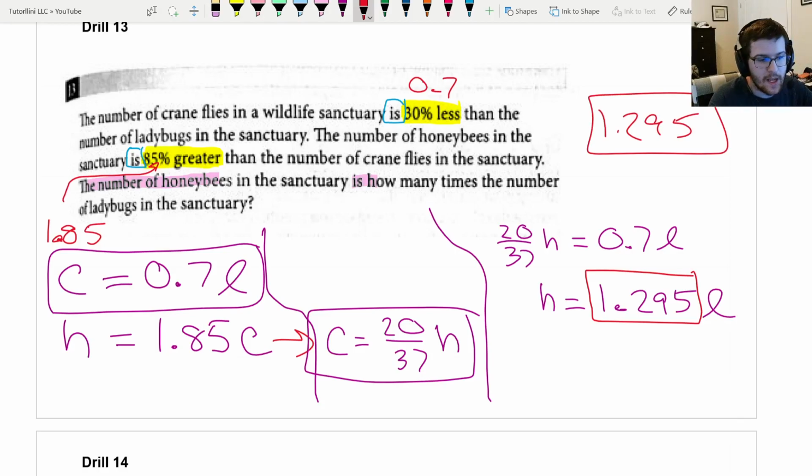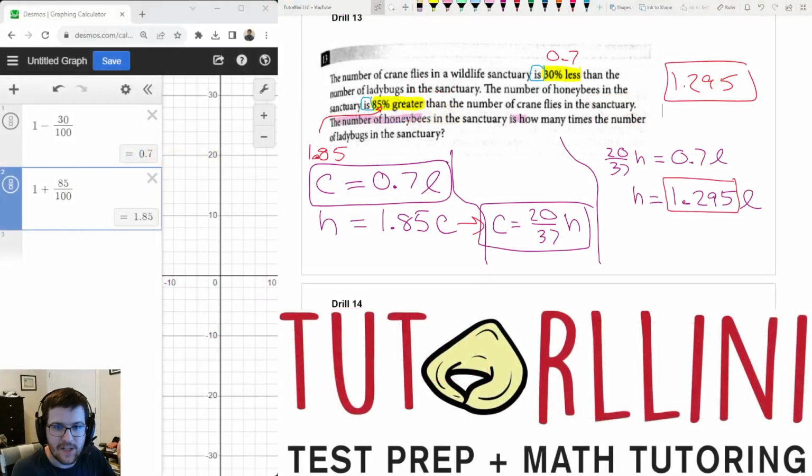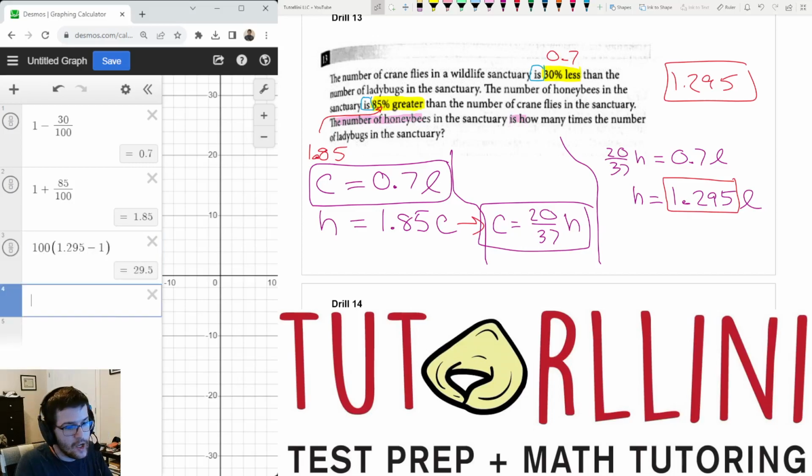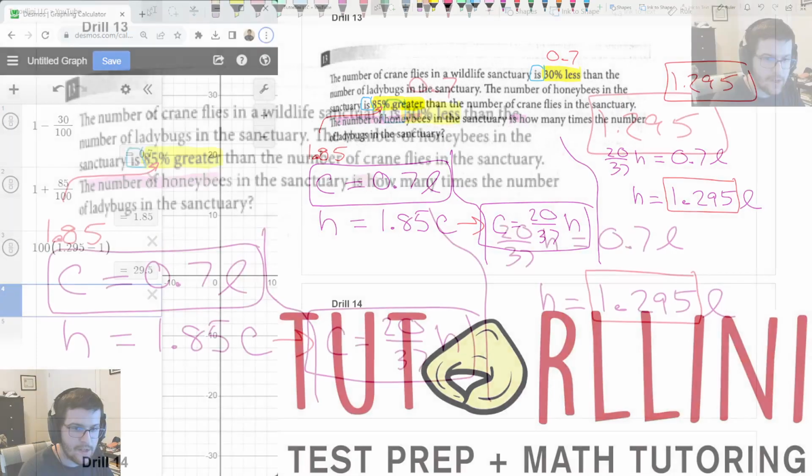That is correct. Now, I'll do you one better. You could also quickly find the percent change, how much percent greater the number of honeybees is. And again, to do that, go over this in the percents video, you subtract 1 and then multiply by 100. We get 29.5.